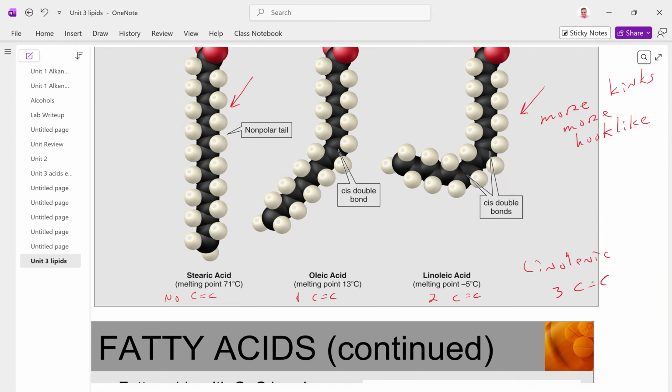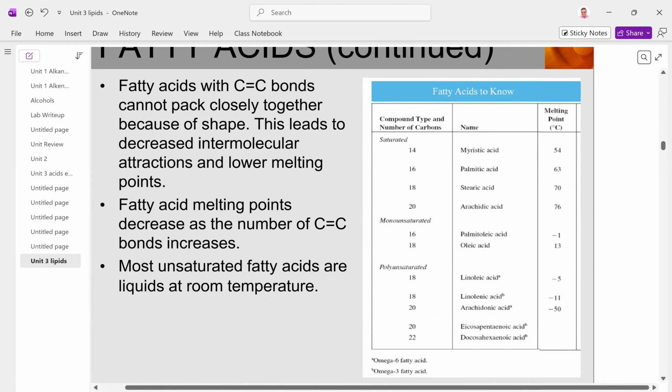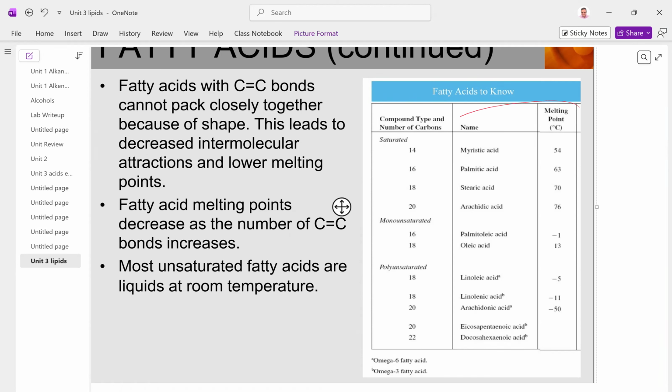So linolenic looks like this. This is the list of fatty acids you need to know.